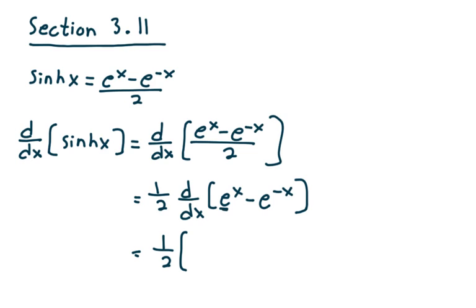Now, the derivative of e to the x is e to the x, minus the derivative of e to the negative x with respect to x, which is e to the negative x times -1. So that's just chain rule. And so this is equal to 1/2 of e to the x plus e to the negative x.